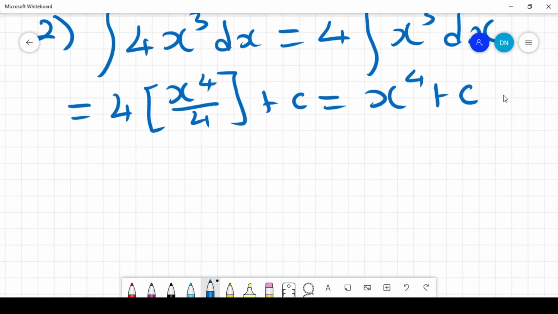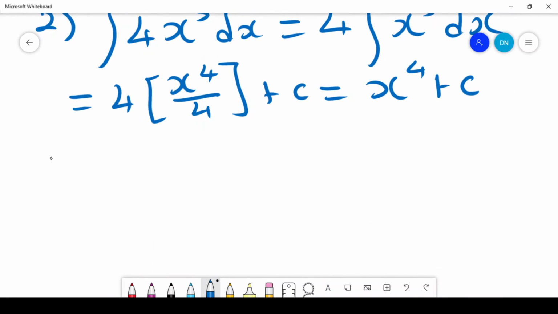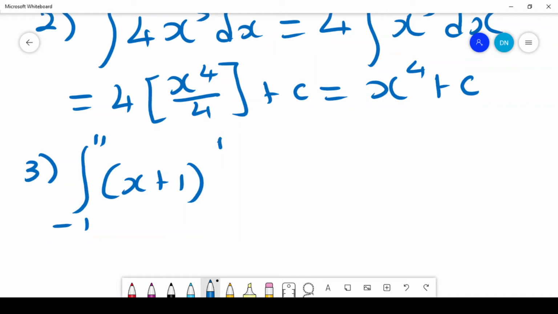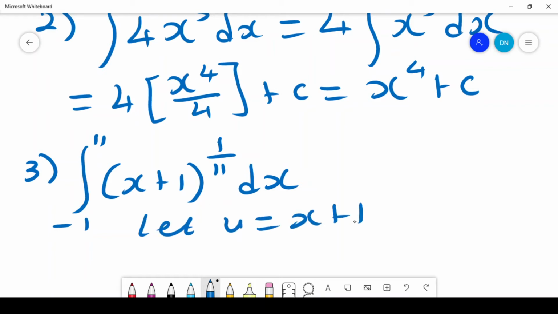The third one is a simple one also. We want to integrate from negative 1 to 11 of (x plus 1) raised to power 1 over 11 dx. And I want to reduce this by letting u equal x plus 1.